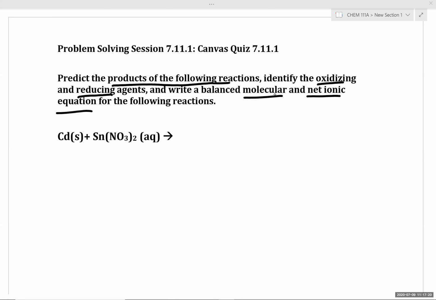And we'll discuss this example in approximately 2 minutes.